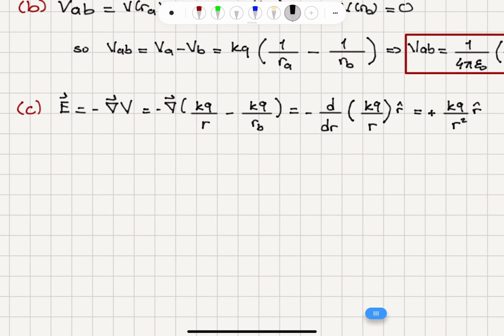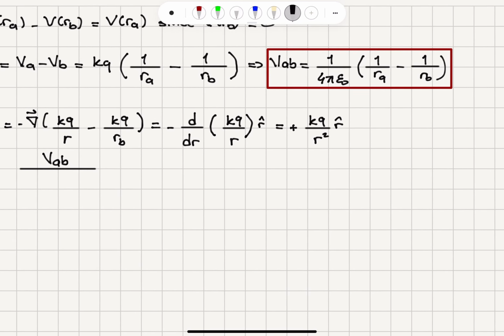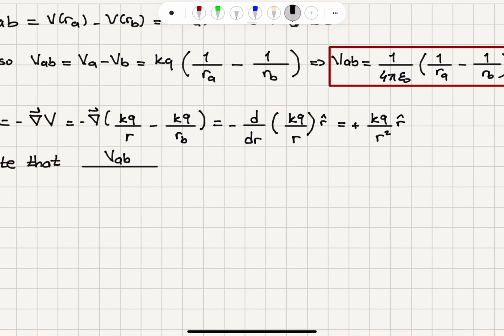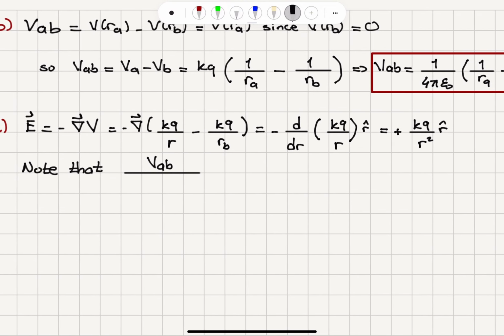Now we have the answer from part B of the problem. So let's note that the potential of the inner sphere with respect to the outer sphere, VAB, is what we found in part B. It is K times Q, 1 over RA minus 1 over RB. So if I divide VAB by 1 over RA minus 1 over RB, what do I obtain?